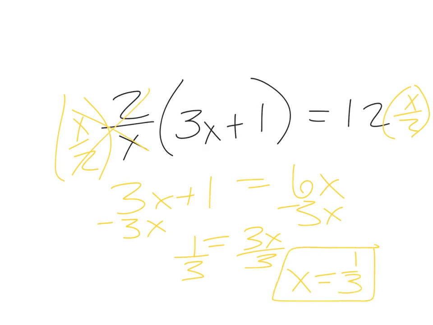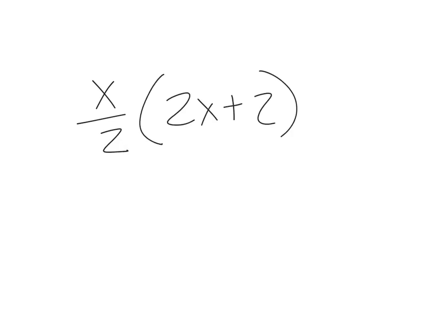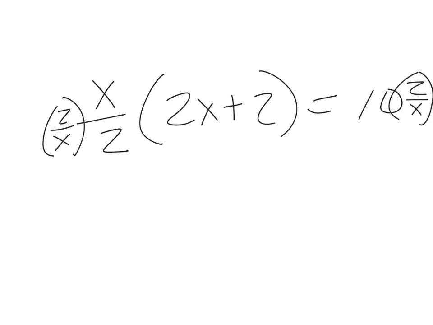What if you did the other way around, x over 2? Okay. Man, he's taking all of it. So x over 2. Let's do 2x plus 2 equals 10, just for fun. All right. So I'd reciprocal.